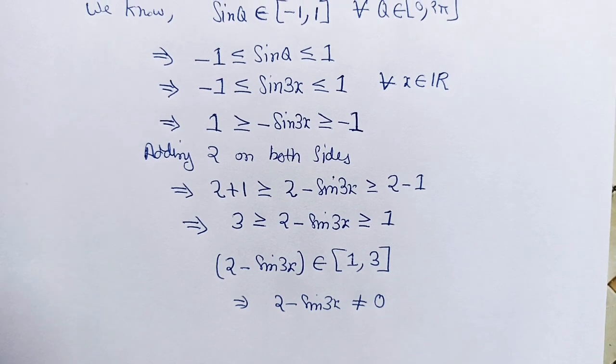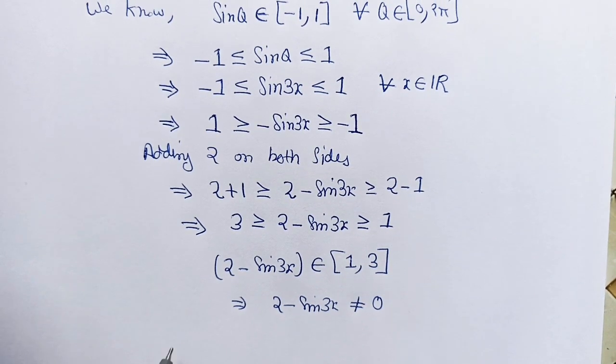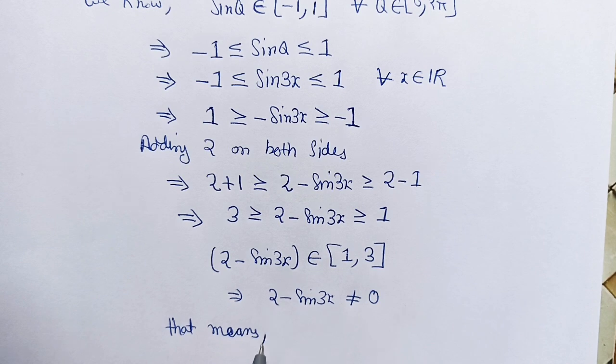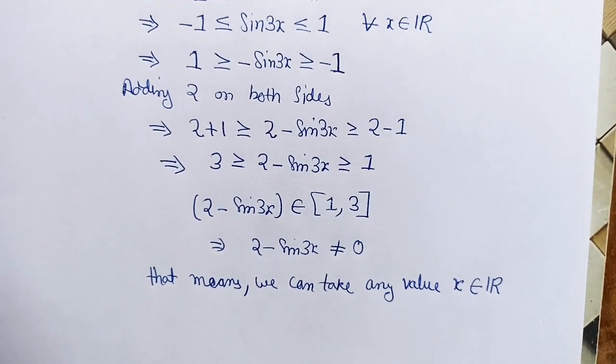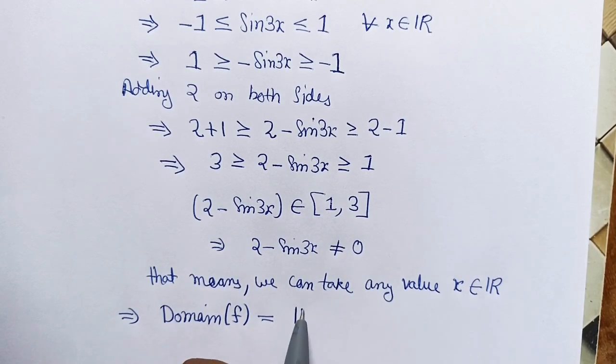This is proved. That means we can take any value x that belongs to the real numbers R. This implies the domain of the function f will be equal to the complete set R, that is the real numbers.